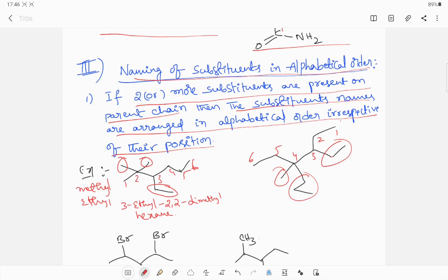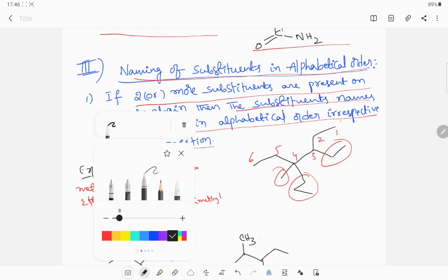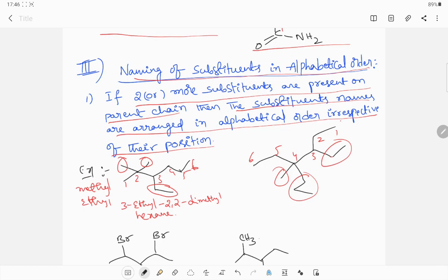Now give the name of the compound. Here one more I will write. Now this is also one more ethyl. Now write down 3,3-diethyl. It is methyl, it is propyl, and it is ethyl.